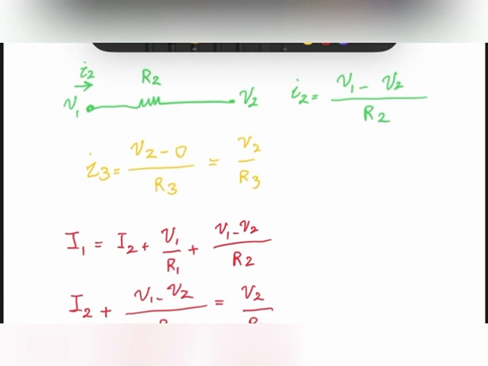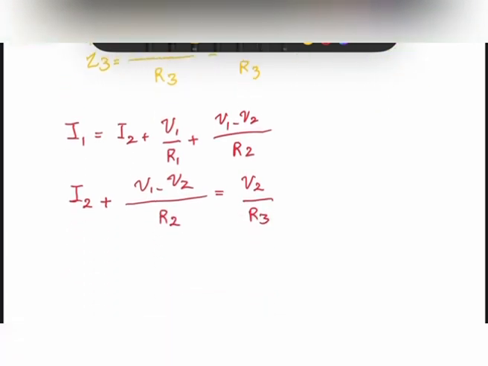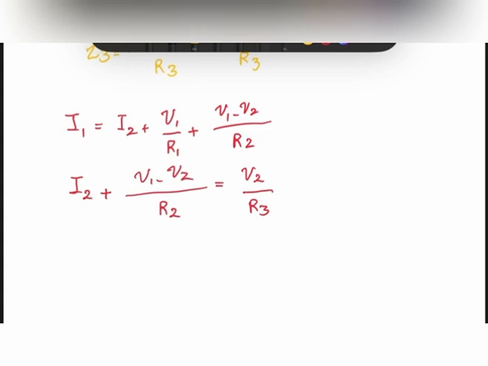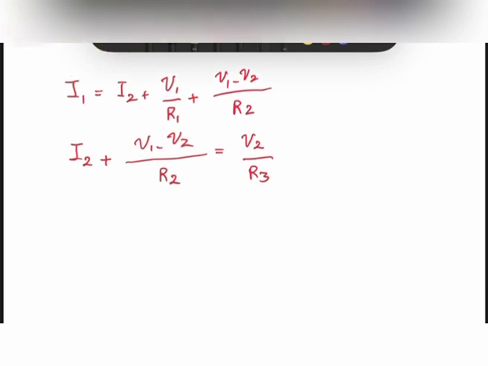We may also write this in terms of conductances. If we want to solve this problem, solving it in the conductance form looks easier, because I can write I1 equal to I1 plus I2, and I know that the conductance is the reciprocal of the resistance.